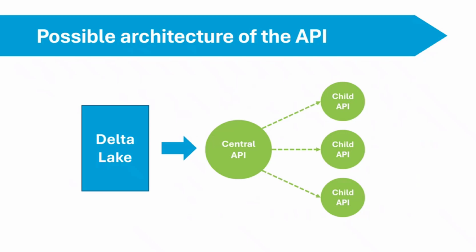And then if you want, you can have APIs that query that central API. That's really easy if you obviously want to set up some security stuff, so who can actually read stuff from the Delta Lake. And also maintaining your central API is quite easy.